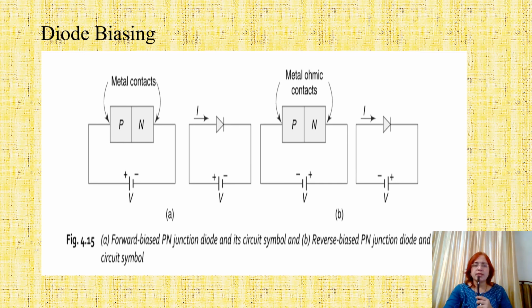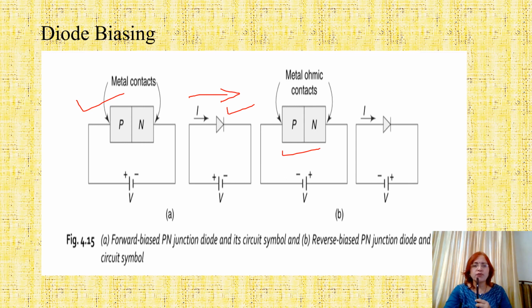Here we summarize the diode biasing with circuit symbols, as shown in the figure. The first one is forward biasing a PN junction diode. This is the symbol of the diode and this is the direction of forward current. Here the reverse bias connection is shown to the PN junction, and here we are going to see the direction of flow of current.